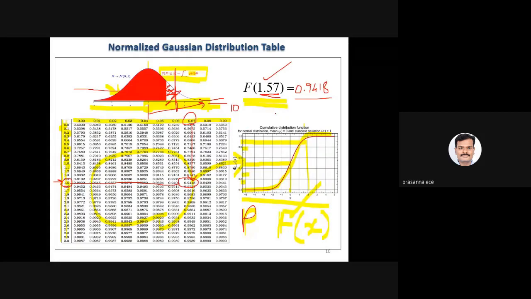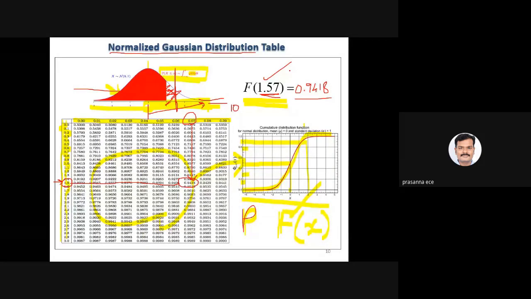Now, all that we have seen is only for the normalized Gaussian distribution, right? But in practical problems, we will not always get a normalized Gaussian curve. Practically, we will get a general Gaussian curve where the mean a_X and sigma_X will not always be equal to 0 and 1 respectively.